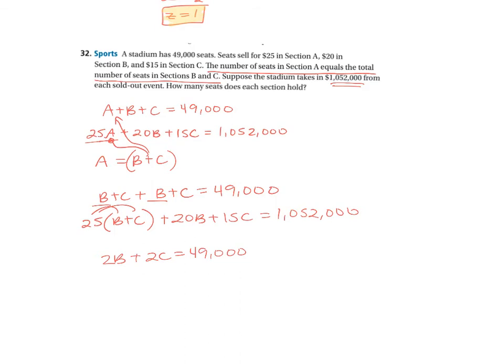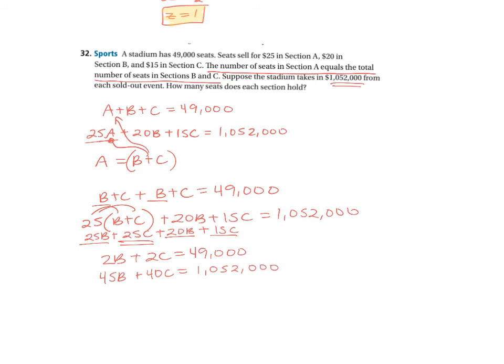And then down here, it's going to be 25B plus 25C plus 20B plus 15C, right? So we're going to combine like terms. 25 plus 20 is 45B. 25 plus 15 is going to be 40C. And then that's going to equal the 1 million number.